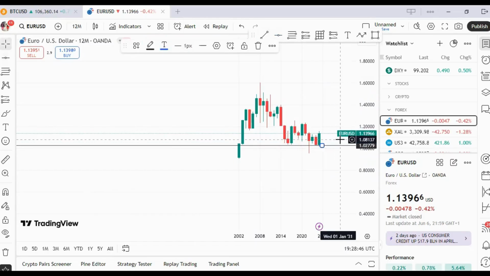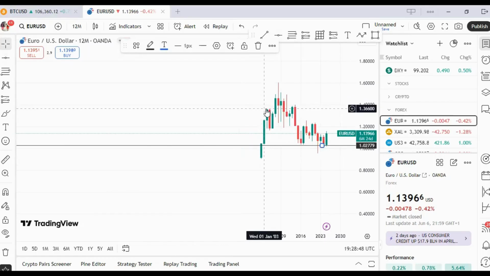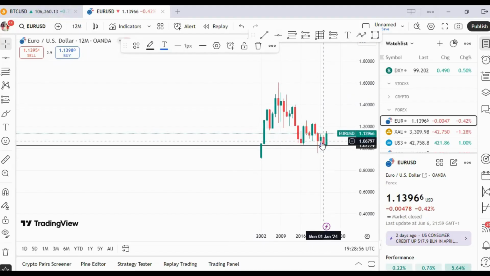Now, guys, see something here. The market rejected here. This is a very long time. This candle you see, because this is a yearly candle, this is this year, this is last year, last 2 years, last 3 years. This candle was from last 4 years, 5 years, 6 years, 7 years, 8 years ago. This place did not allow the market to come down. 9 years ago, it did not allow it to come down.